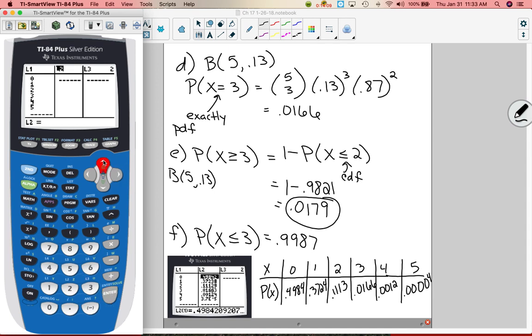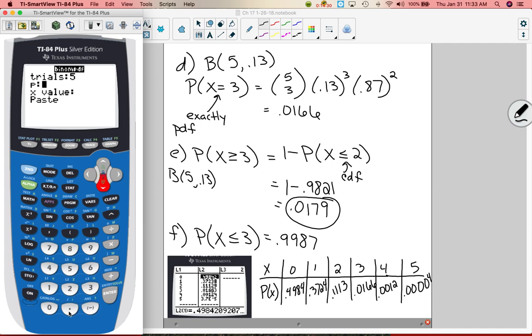Then I'm going to define L2. I'm going to do the second distribution, and I'm going to define it as binomial PDF. Put in 5 trials.